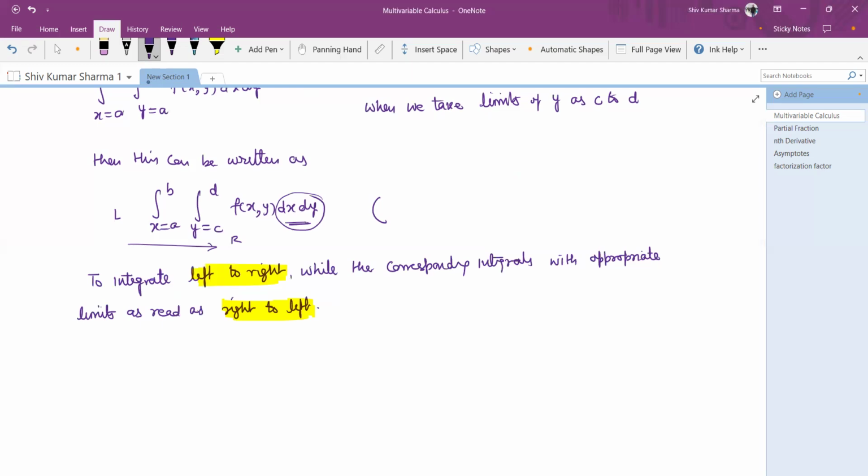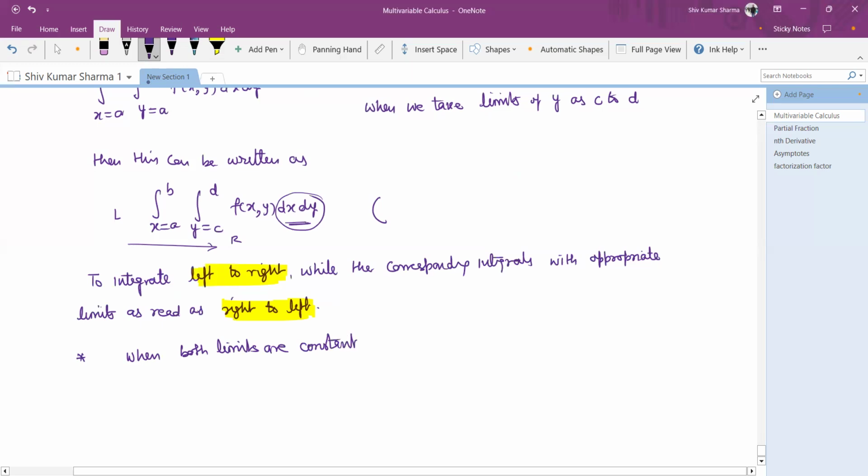When both limits are constants, we can integrate any one of them first.